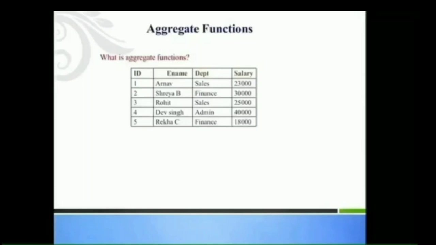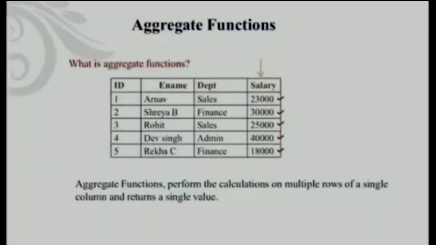Similarly, I want to get the total salary of the employees. So when we want to perform an operation on a group of records, then we use aggregate functions. Aggregate functions perform the calculation on multiple rows of a single column and return a single value as the output or result.